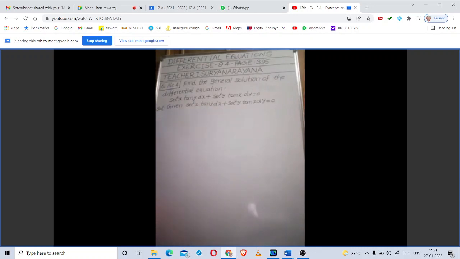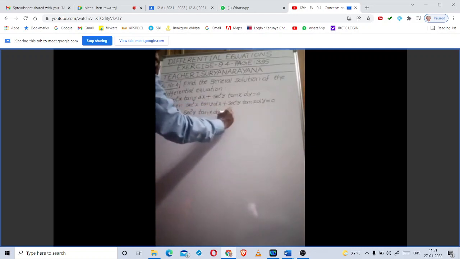So first of all we have to convert this differential equation into that form. dy by dx is equal to, in LHS there should be only dy by dx. Okay, my children, so for that let us move this term to that side. Secant square y tan x dy is equal to, just I am transposing, I am moving this term to RHS.